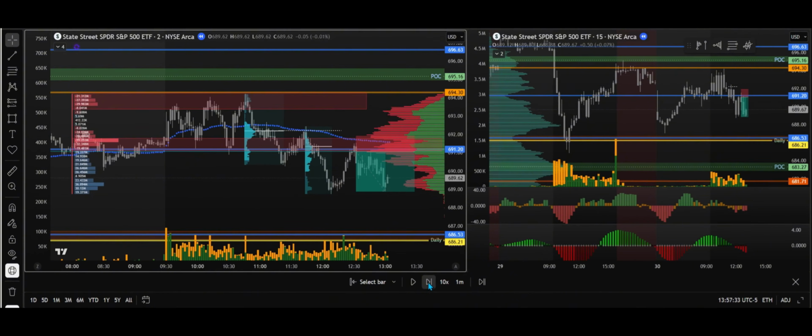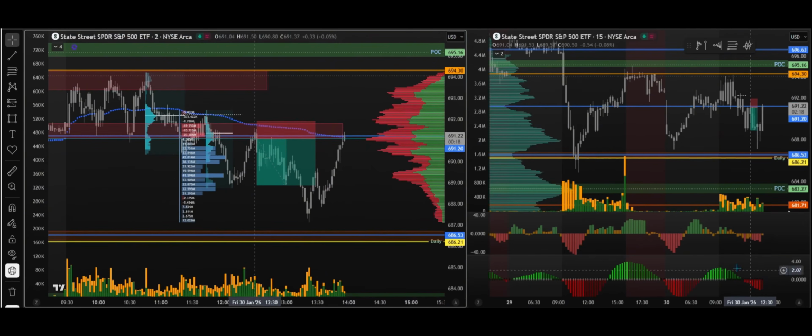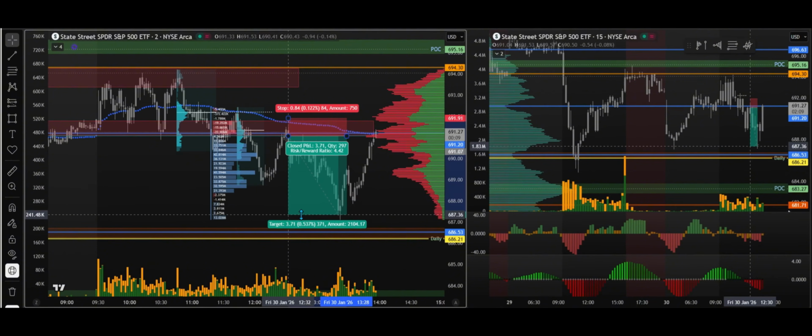And major sellers come into the market, pushing us all the way down to our present time down there, where we're getting so close to that low volume node down there, and definitely got to be out by that time.